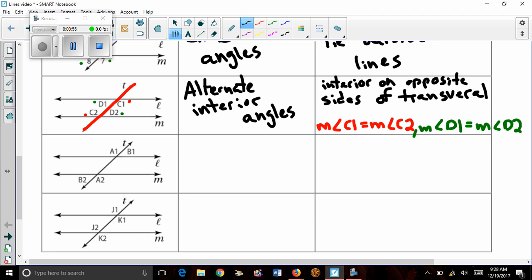Our next image we have A1, A2, B1, B2. We have our transversal. These are our exterior angles this time. And I want you to notice, similar to the example above it, A1 and A2 are on opposite or alternate sides of the transversal. So these are alternate exterior angles.